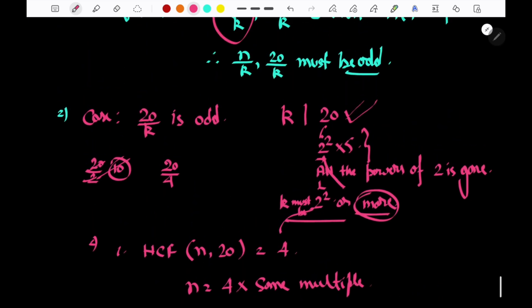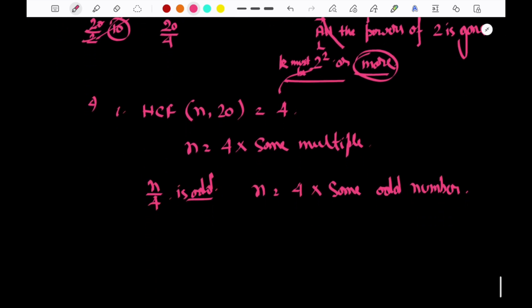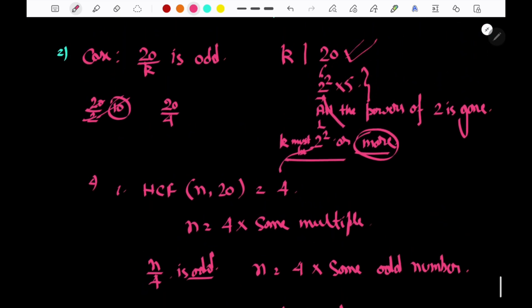Now, what do we know? That n cannot be a multiple of 20. Why? Because HCF of n comma 20 we are choosing as 4.